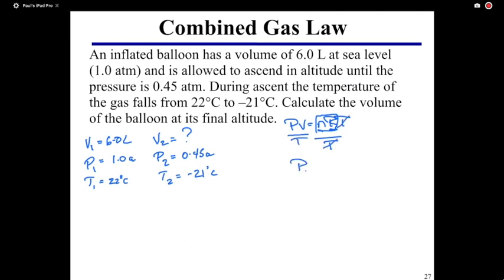So I'm going to use P1 V1 over T1 equals P2 V2 over T2. Okay. What am I solving for? V2. To solve for V2, multiply both sides by T2. Oh no, algebra. And then divide both sides by what? P2.